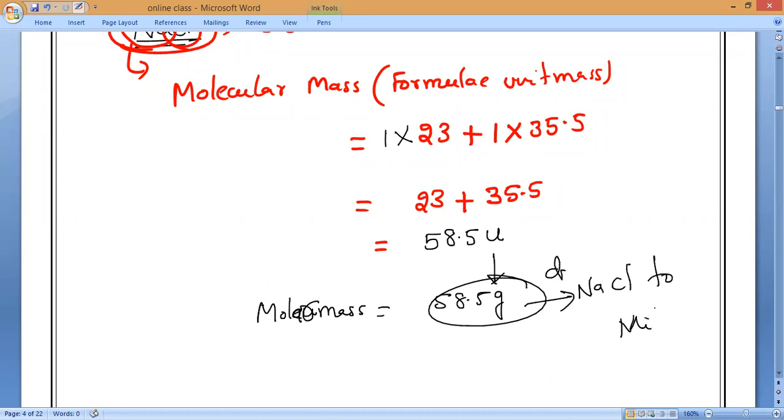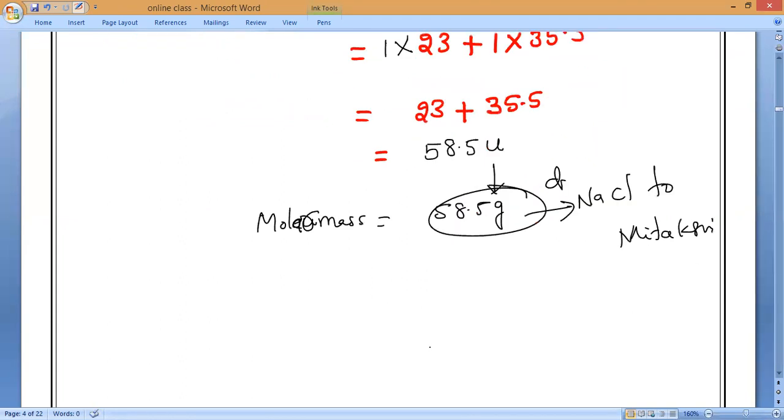Tell me, how many moles do you have? 1 mole, sir. Means how many particles does he have of sodium chloride? 6.02 into 10 power 23, sir, sodium chloride particles.